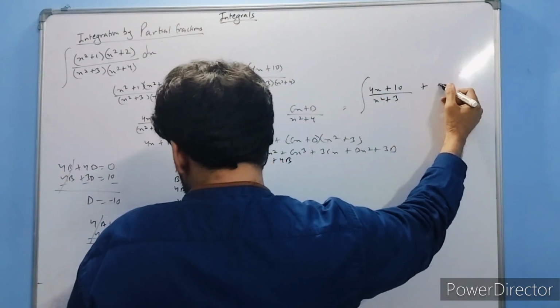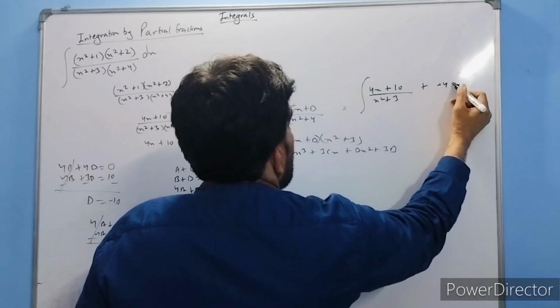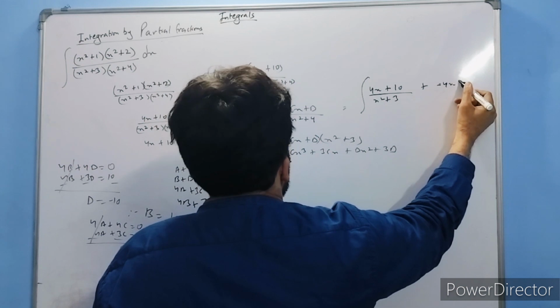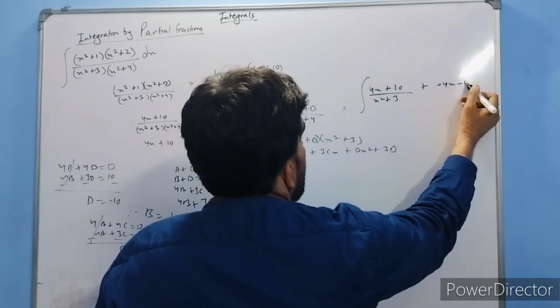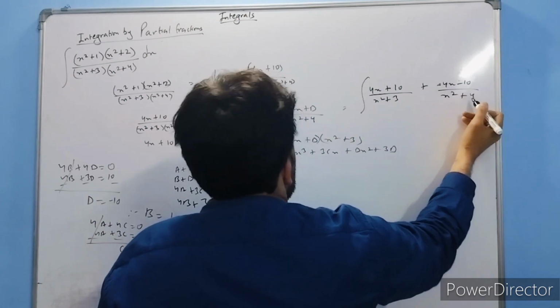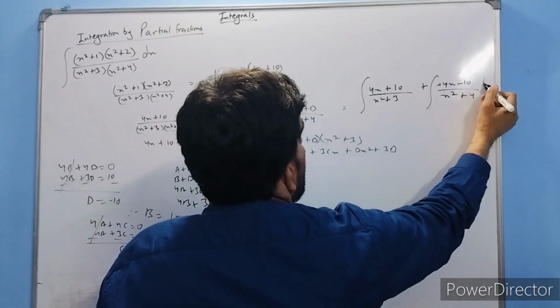What is c here? Minus 4, and x plus d we have minus 10. So now I got this.